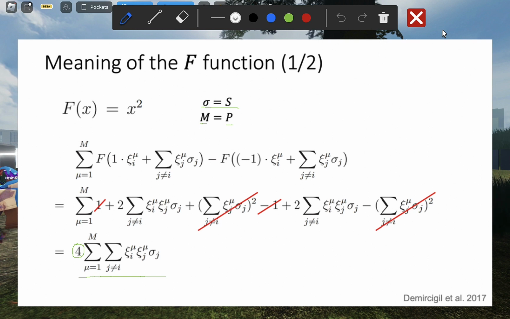So you can see that by controlling this function f, we essentially control the way in which the neurons connect together. In a sense, these connections are still like this, where you have weights between all pairs of them.